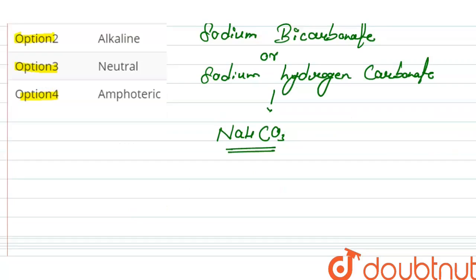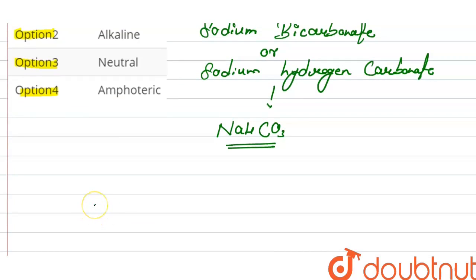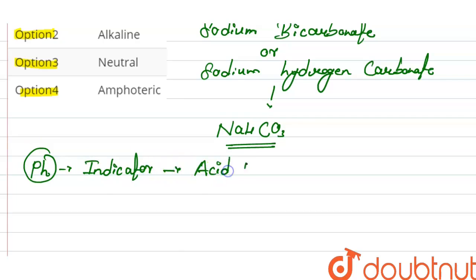So we have to check with a pH indicator. We know that a pH indicator is used in acid-base titration.